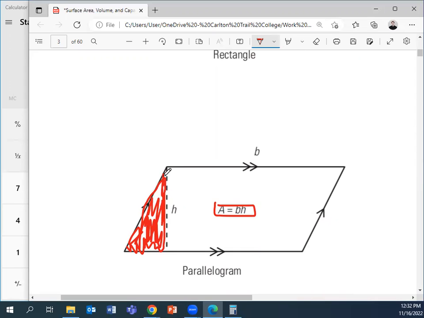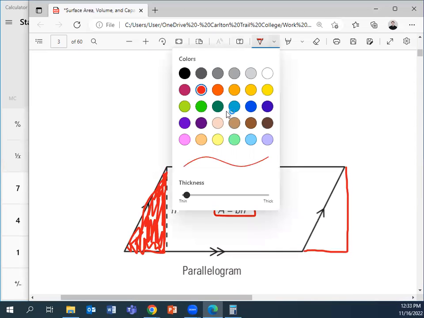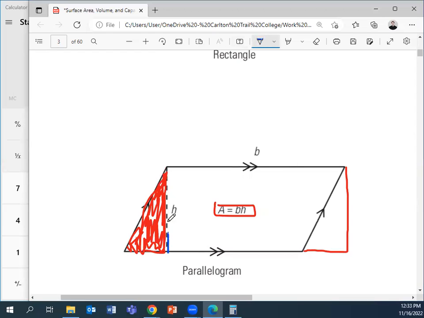If I cut this off, I could put it right over here like this, and all of a sudden I have a nice square, or a nice rectangle. That's why it's technically the exact same formula. It's the length times the width, the base times the height. They technically mean the same thing.